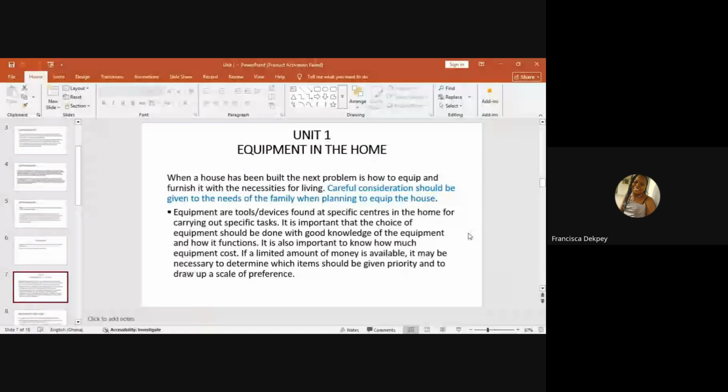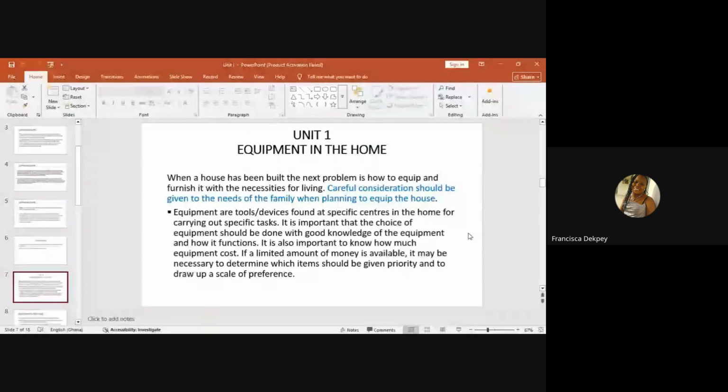I'll also have a wardrobe for storing my clothes, and a dressing table and mirror so that when I want to dress, I will look at myself and dress well. Bathroom, I'll be needing a shower, and there must be a toilet in the house for sanitation purposes.